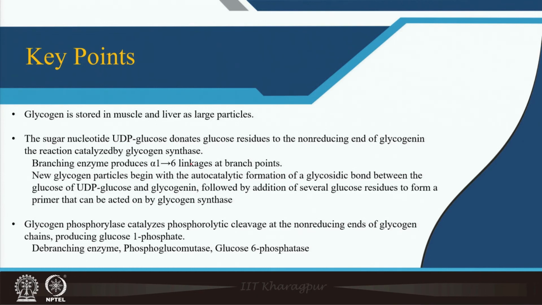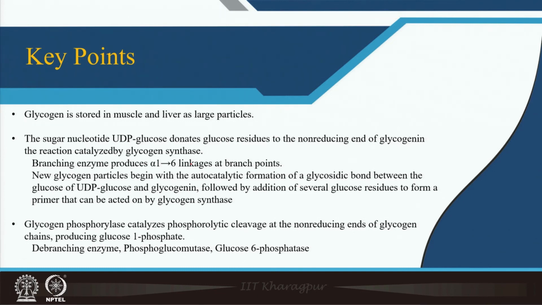Then these glycogen particles begin with an autocatalytic formation of glycosidic bonds between glucoses of UDP glucose and glycogenin, with addition of several residues to form the primer that can be acted upon by glycogen synthase. So, this is glycogen synthesis.